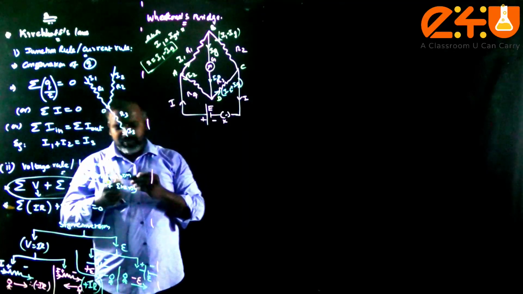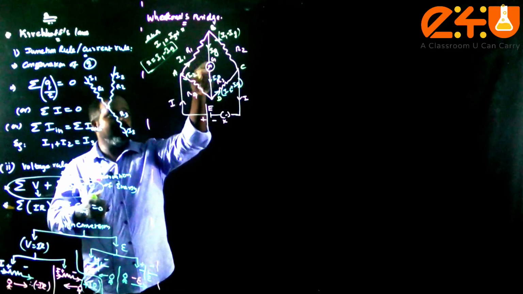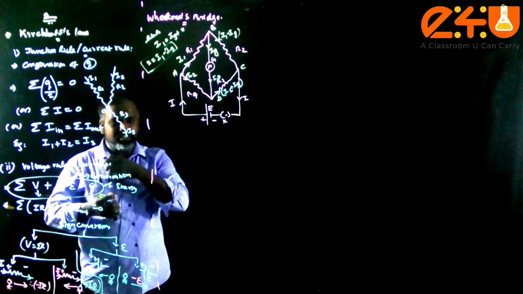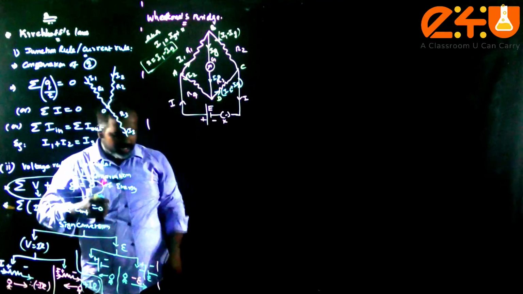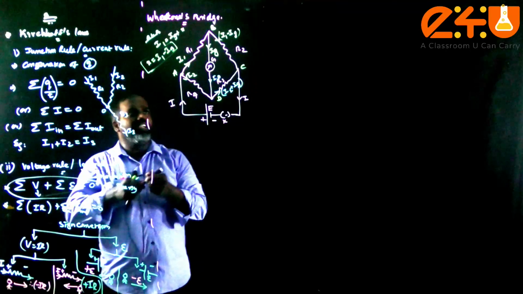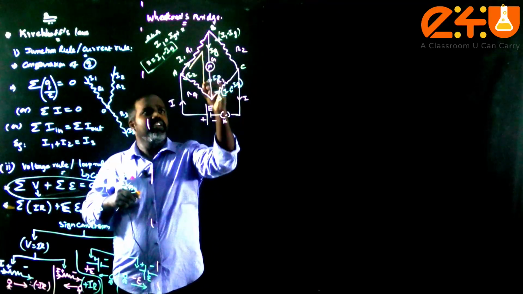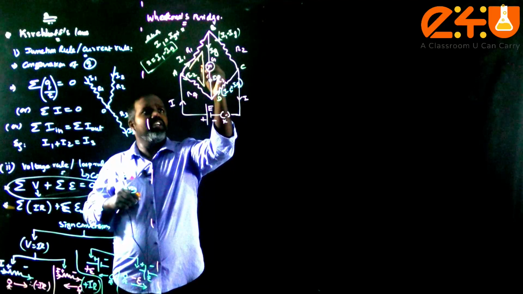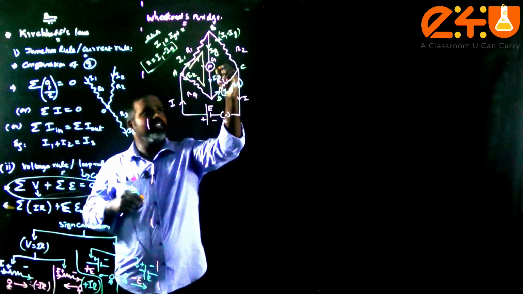Now whether you take the clockwise or anti-clockwise direction is our choice. For convenience, I take the clockwise direction. This is the direction in which I am going around the loop.